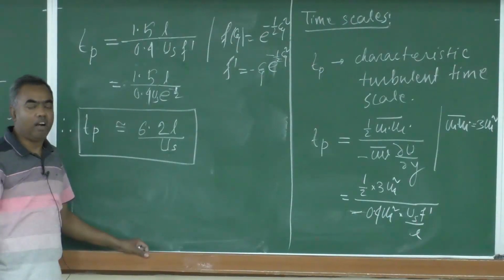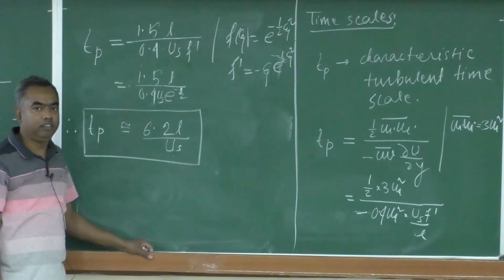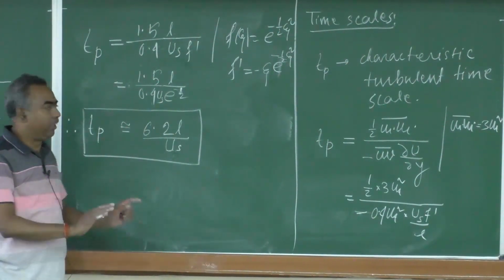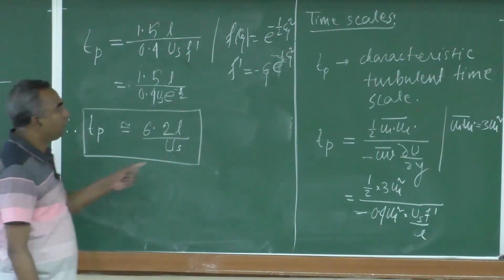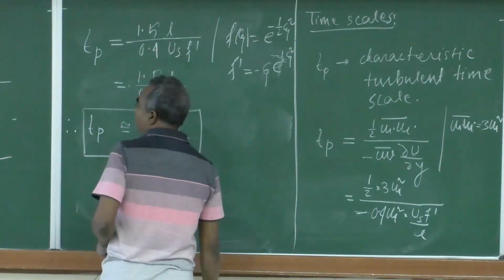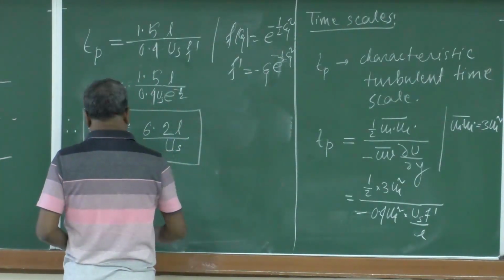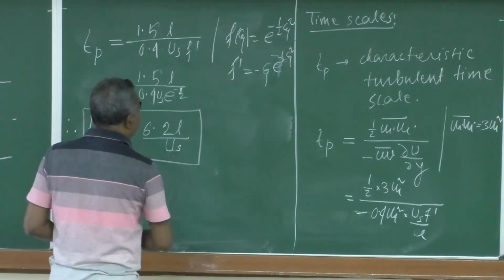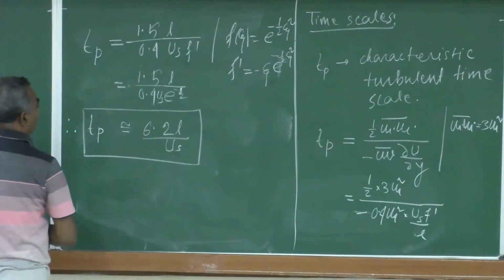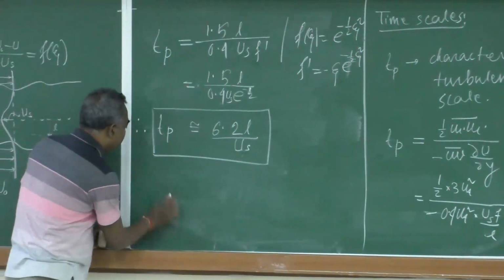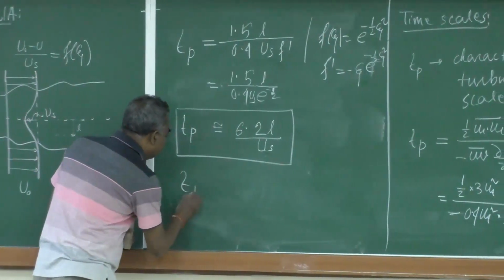Okay. Now, we can find another time scale, the time scale of flow development. Okay. So, this is your characteristic turbulent time scale. Now, we have to figure out another time scale, let us say that is considered as T d.